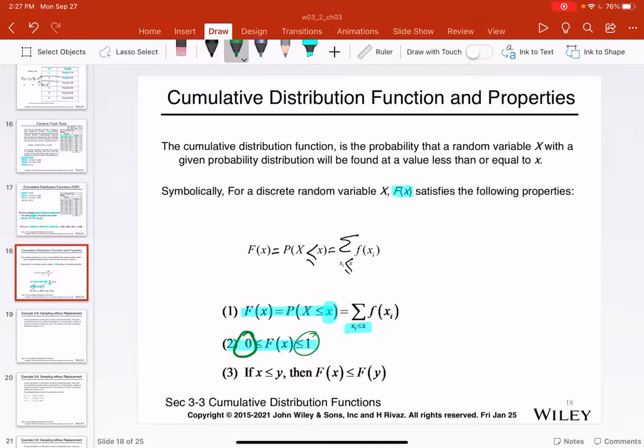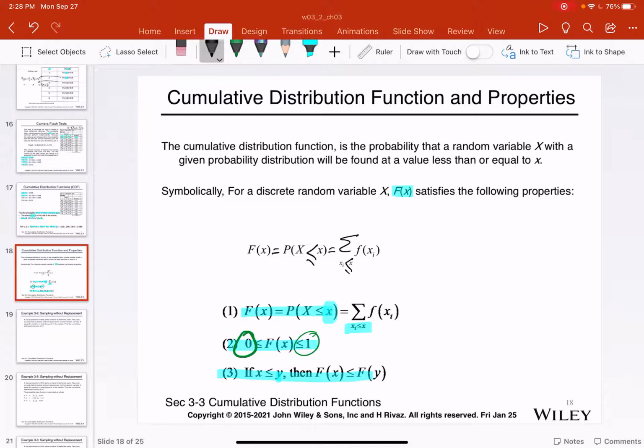The third one is a bit more complex. Can anybody say why the third one is correct? This has a name in your calculus, right? If y is more than x, F of y should be more than F of x. Does anybody remember the name of these functions, where if x increases, y also increases?